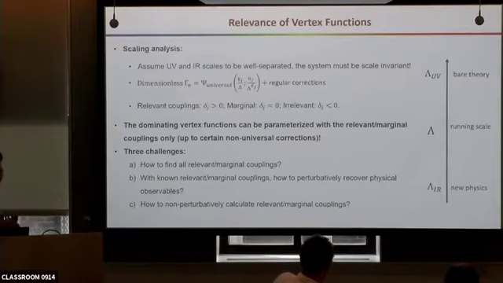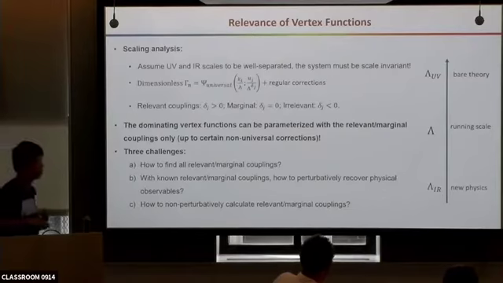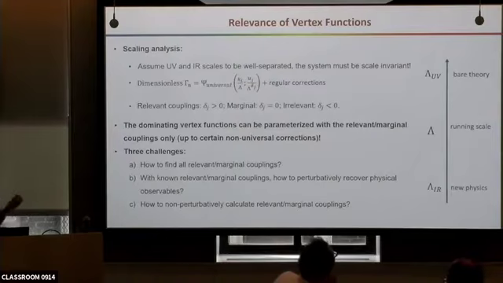Then you need to know how to perturbatively calculate all physical observables, and you have to make it controlled. So we do not want to throw away some correction or something.